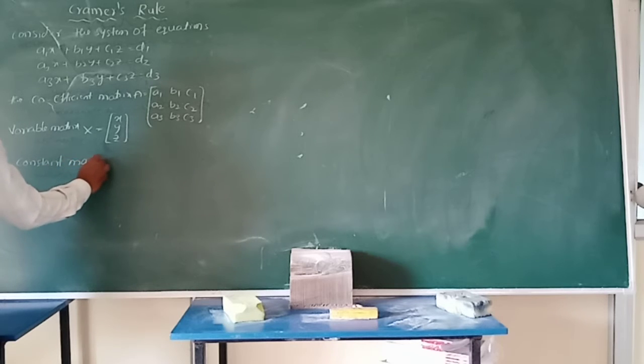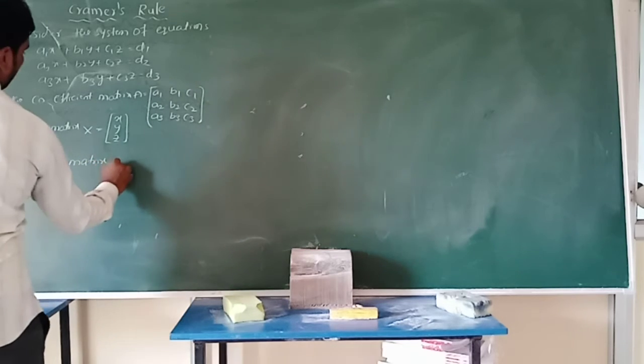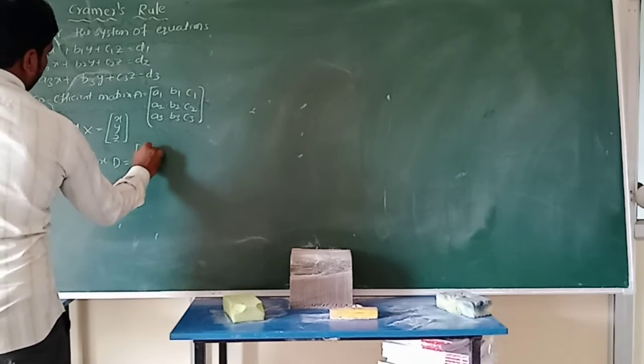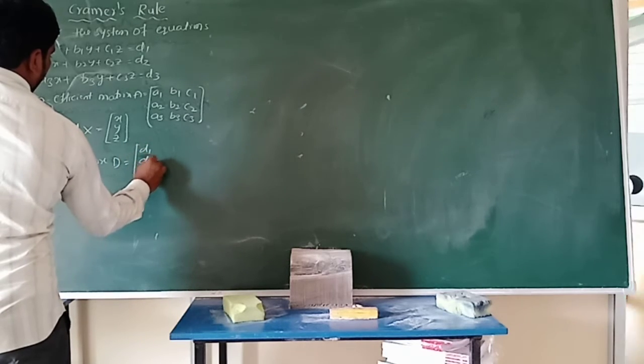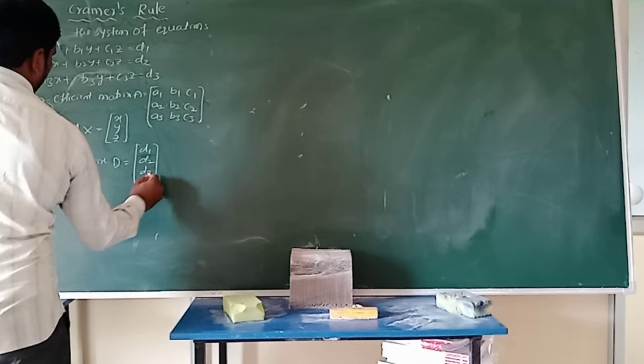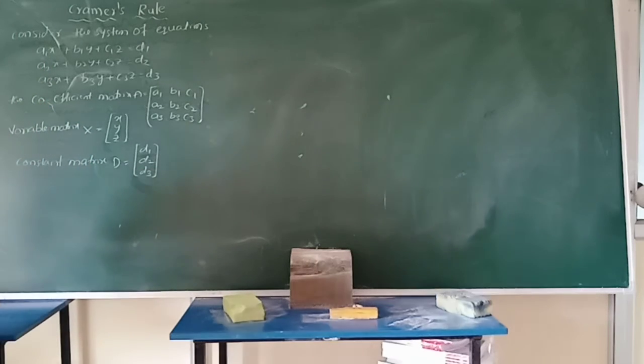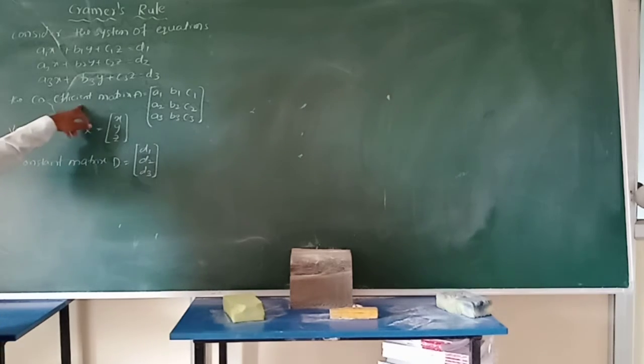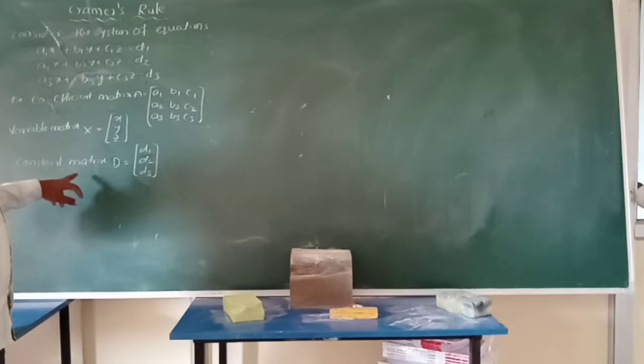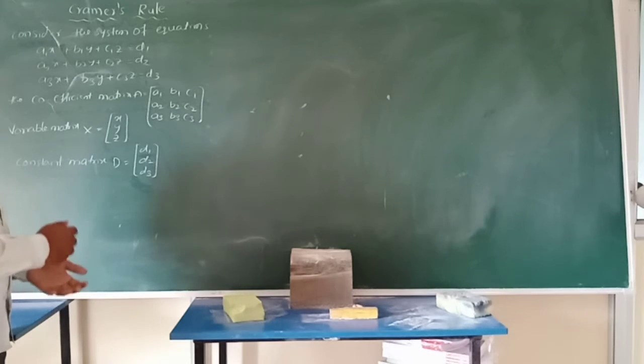The constant matrix D is equal to d1, d2 and d3. Now the augmented matrix is the coefficient matrix, variable matrix and constant matrix. These are the three matrices.